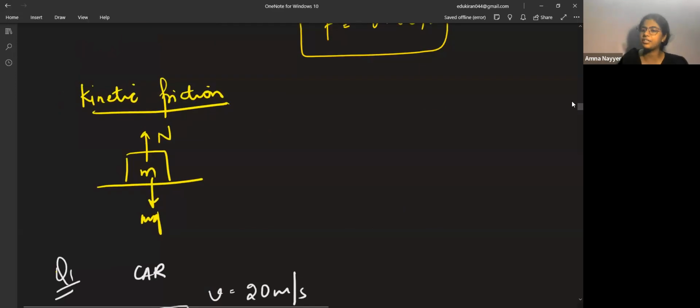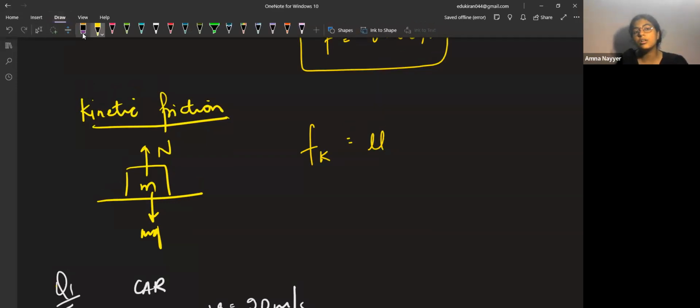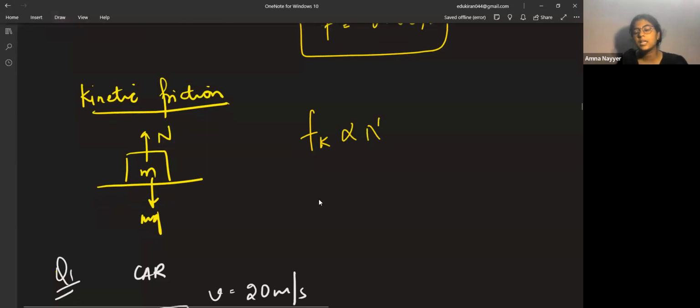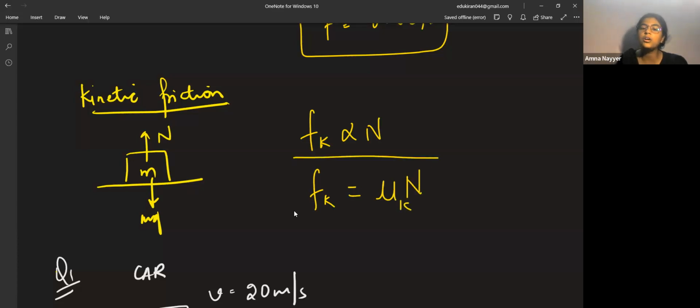Now see, this is not just a formula for your static or limiting friction. If you have kinetic friction also, in kinetic friction also, your kinetic friction is proportional to the normal reaction only. And when you remove the proportionality sign, you get a constant. This constant is the coefficient of kinetic friction. This is just the difference.